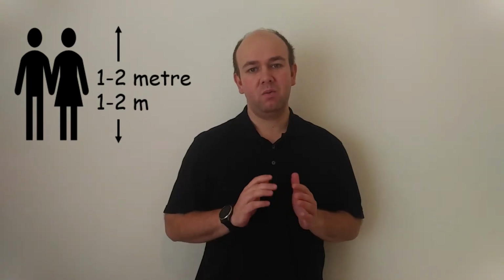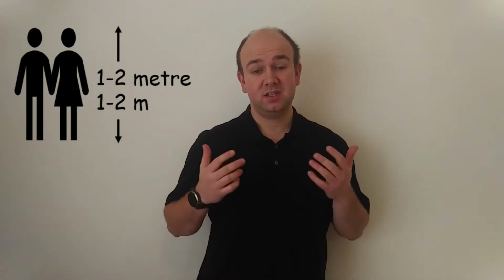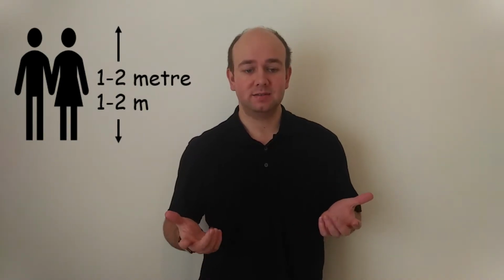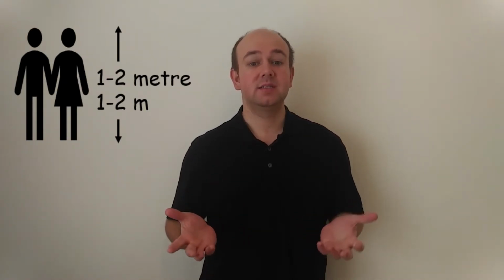So, as humans, we are usually of heights between 1 metre and 2 metres. So a metre is a reasonable length scale for us to understand. And metres are given the unit m. We're also quite familiar with the idea of a millimetre.